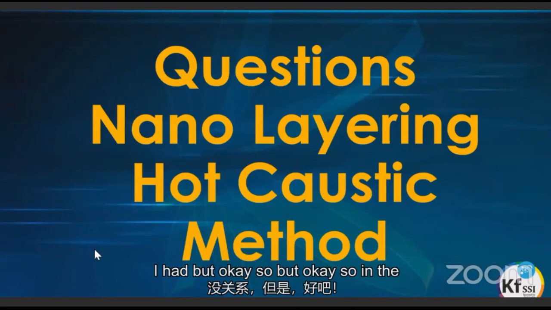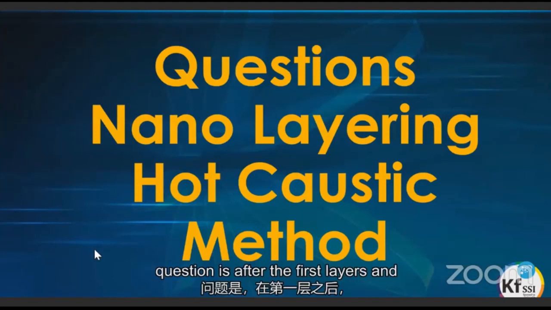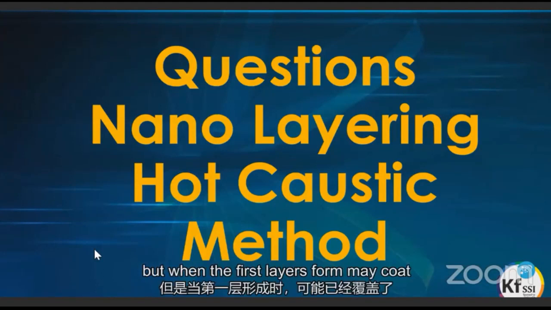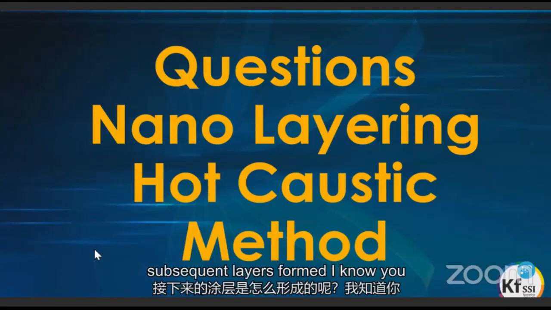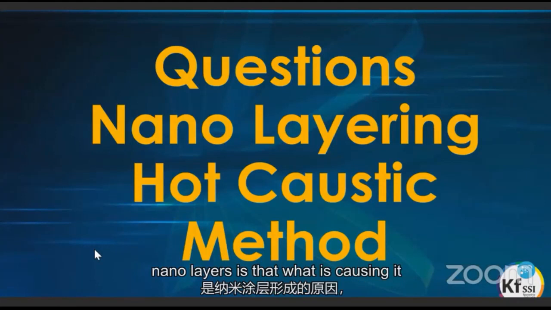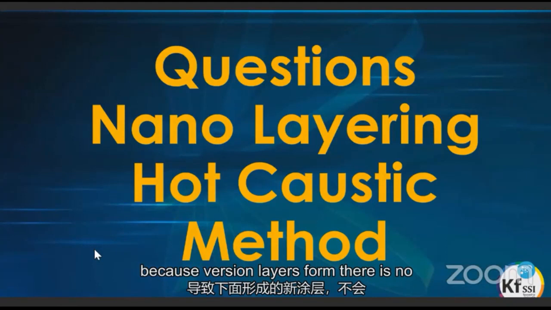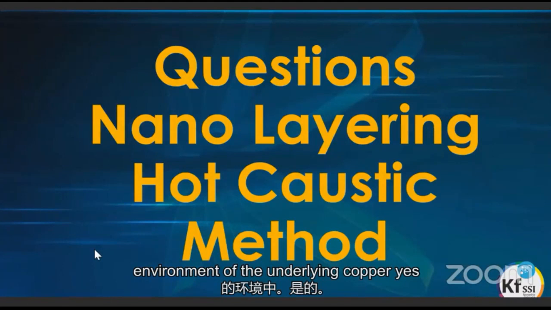So in the immersion method, it's the exposure to the caustic, and then my question is, after the first layers, and I know you partially answered this, when the first layers form and they coat the copper, how do the subsequent layers form? I know you talked about the field forces of the nano layers. Is that what is causing it? Because when the first nano layers form, there is no more exposure directly to the caustic environment of the underlying copper.